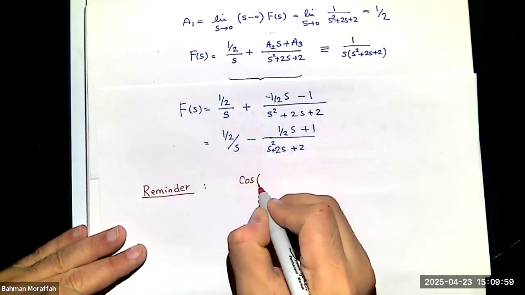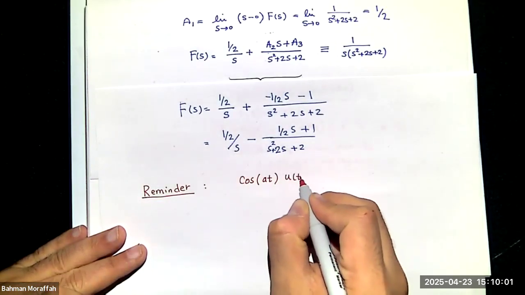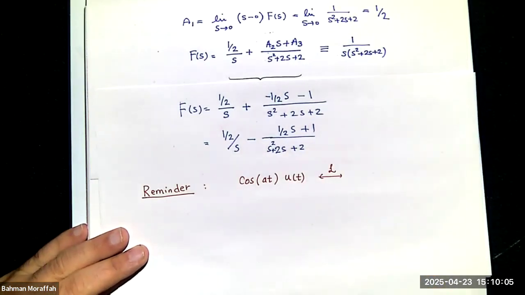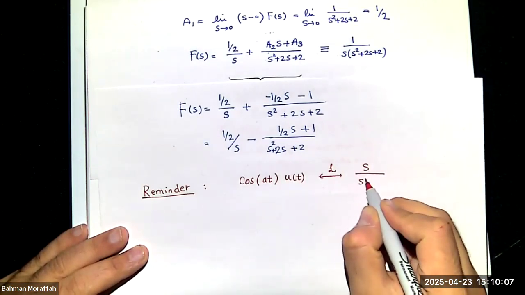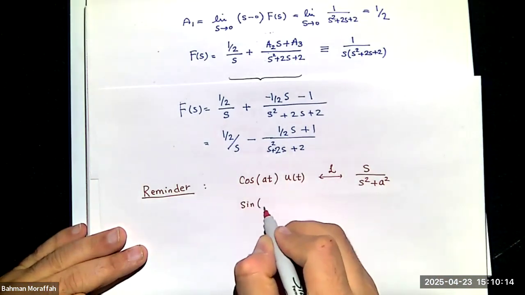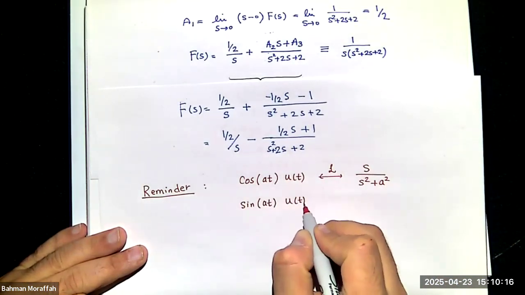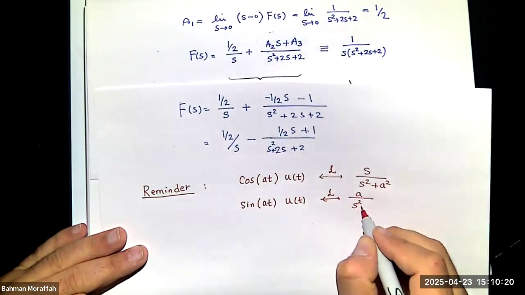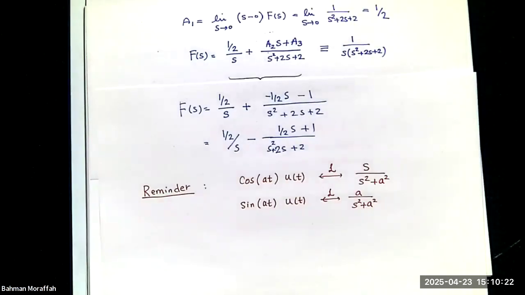If I have cosine at u(t), the Laplace transform of this function is s over s squared plus a squared. And if I have sine at u(t), the Laplace transform of this is a divided by s squared plus a squared.